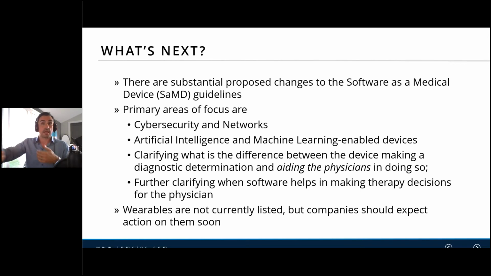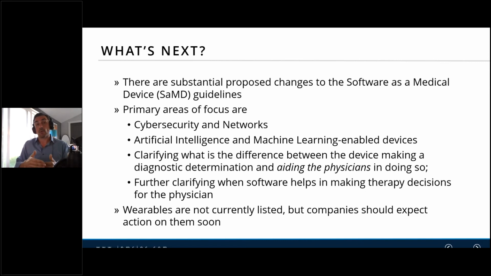What is more than likely going to happen is that as software as a medical device gets more mature, the manner in which those enabling technologies will be regulated is going to change as well, right? Wearables, as I mentioned, there is guidance on materials around wearables, but again, as home health changes, as patient care changes, as you want to move to more ambulatory surgical centers for patient care, home care, and so on, wearables are going to become more prevalent.